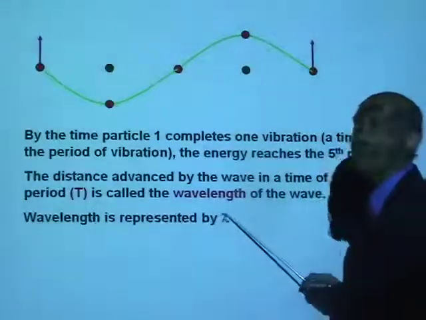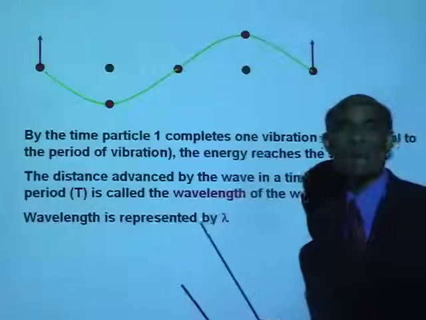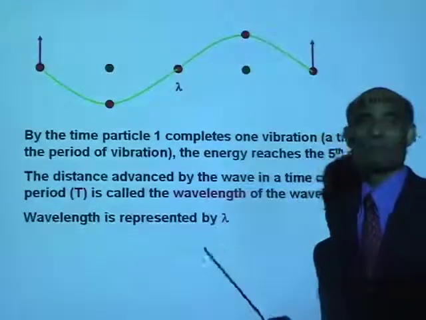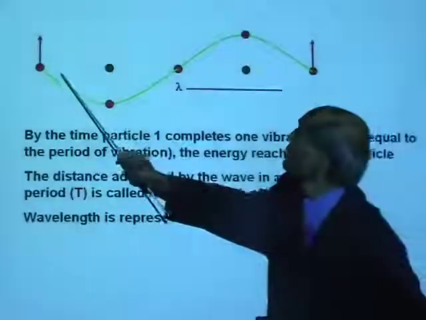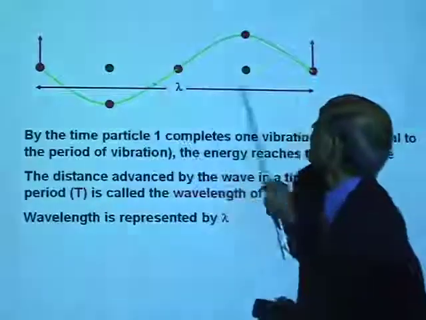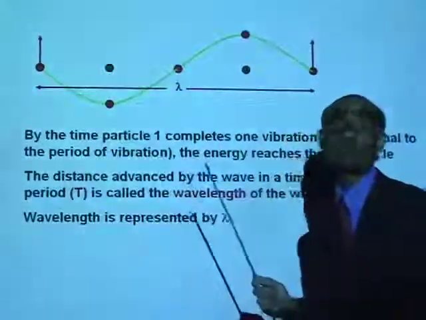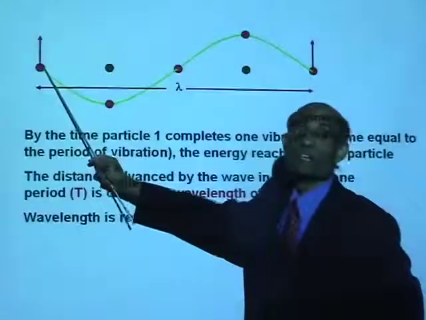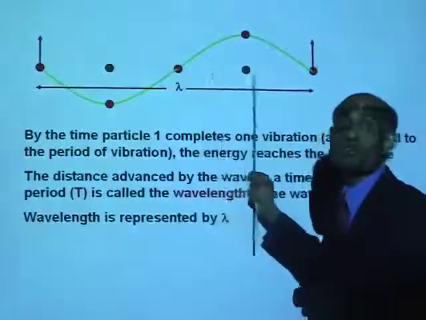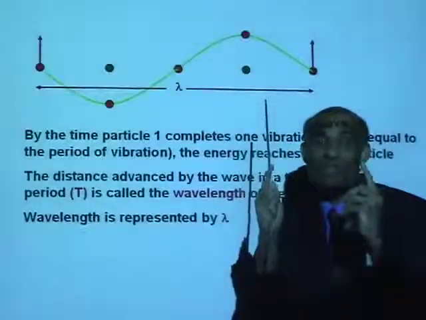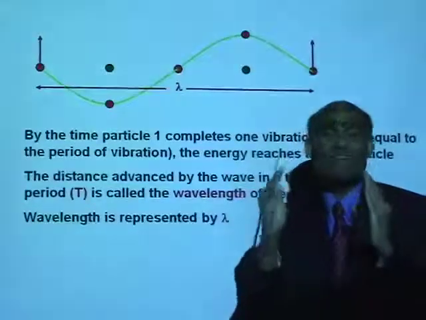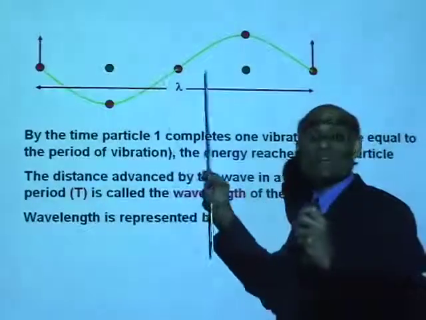Wavelength is represented by the Greek letter lambda. Alright? So this length is the wavelength. The distance between two nearest particles that are in the same phase of vibration is the wavelength.